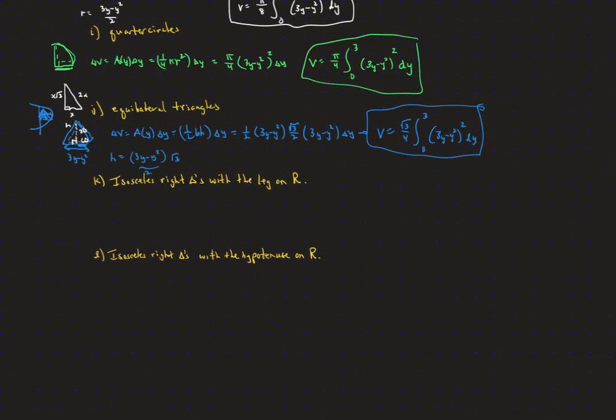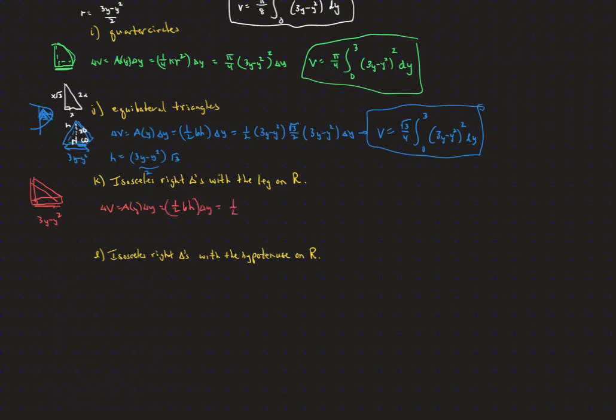Okay, isosceles right triangle with the leg on the region R. So here's that little rectangle, and what we mean is that the leg is on there. So we're going to look at this right triangle, and it's the leg that is going to be on that region. So we know that our delta volume is going to be the area times delta y, and the area of a triangle is 1/2 base times height.